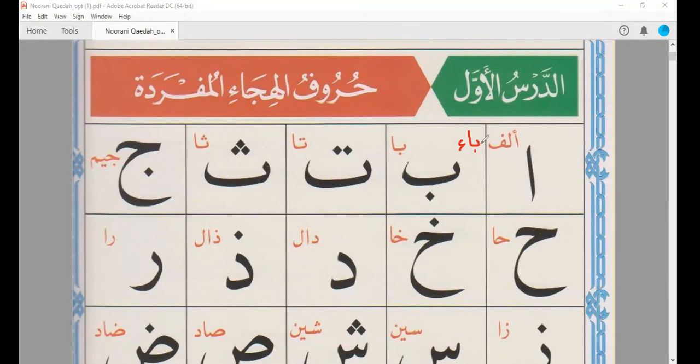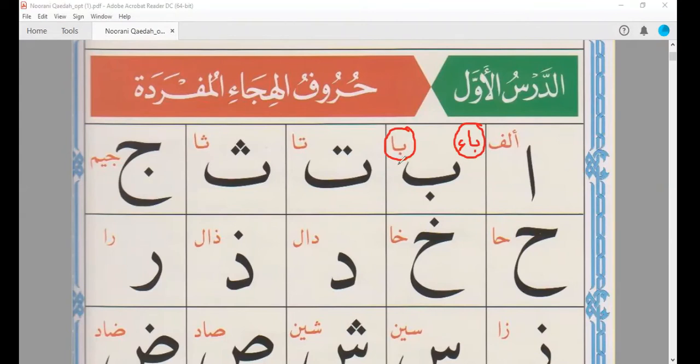See, observe. This one is pronounced like ba. So see, in the end, I'm closing my throat. But here, in Al-Qaida An-Nooraniyyah, I'm not supposed to pronounce it with a hamza. No hamza is written here. So you say ba.